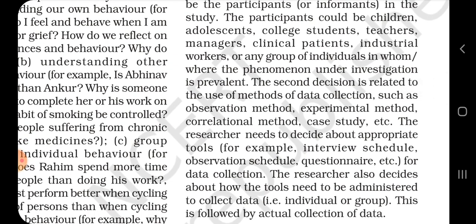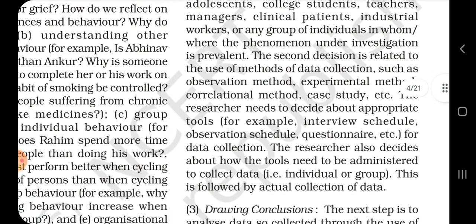The researcher needs to decide about appropriate tools, for example, interview schedule, observation schedule, questionnaire, etc. What is the appropriate tool to get that information? It may be an interview, or observation, or a questionnaire. What would be appropriate for that?